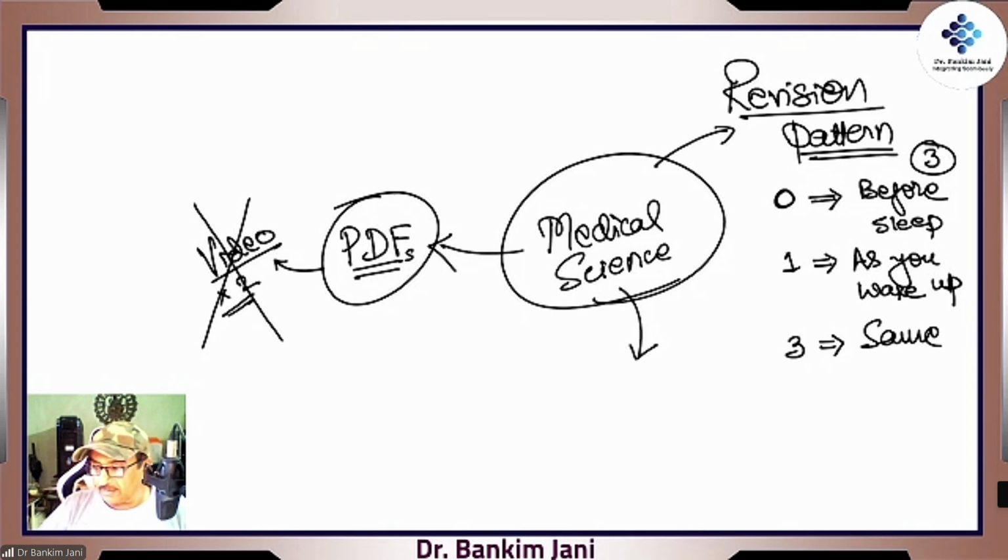So see, this requires one diary. Note that today you wrote these are the glands, and you checked them again after 3 days, and then comes 1 week, 3 weeks, 3 months.